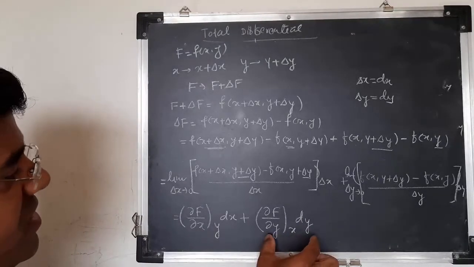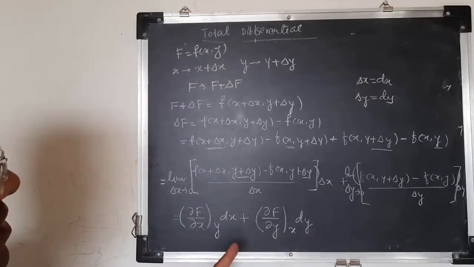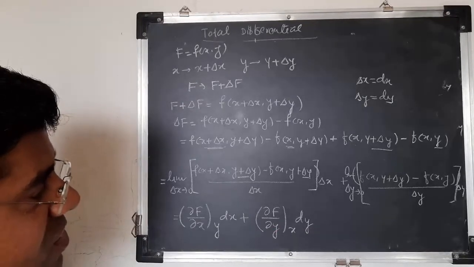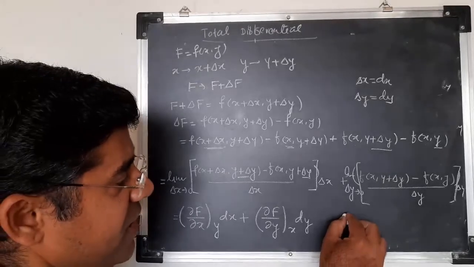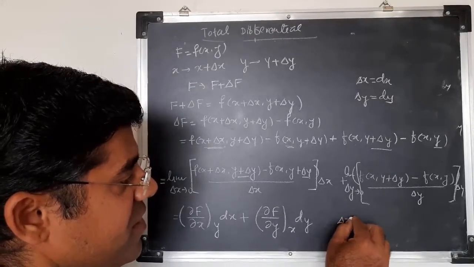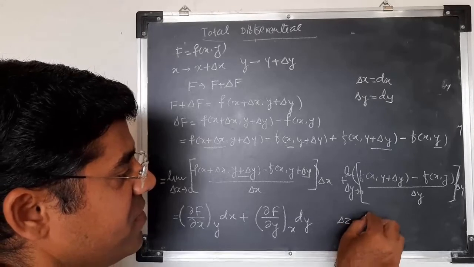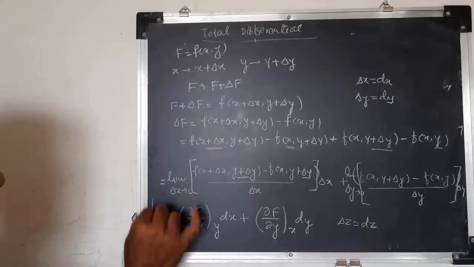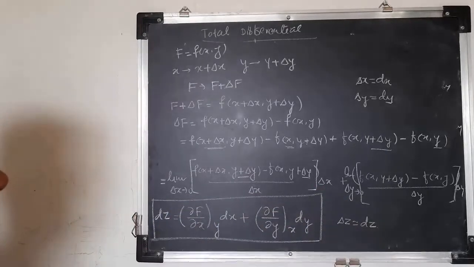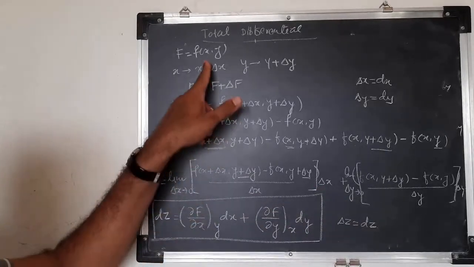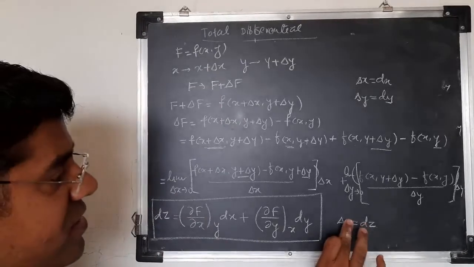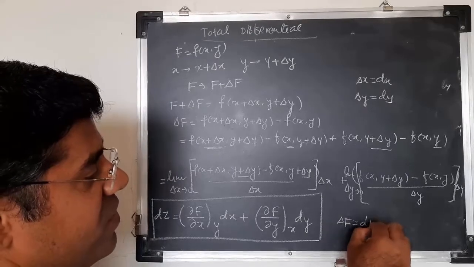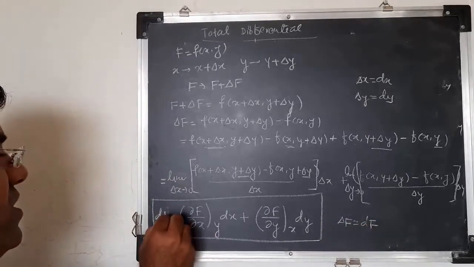This is one term, this is another term, and for a good approximation, delta f is equal to df.